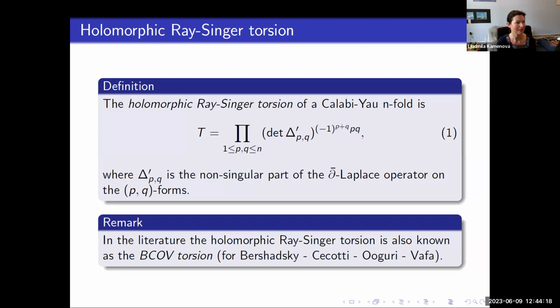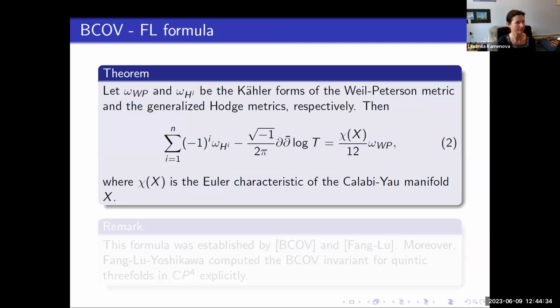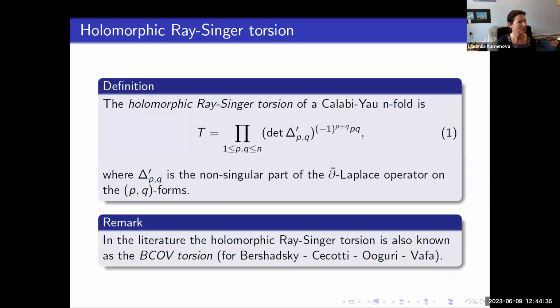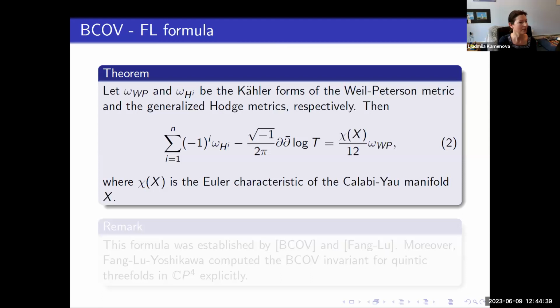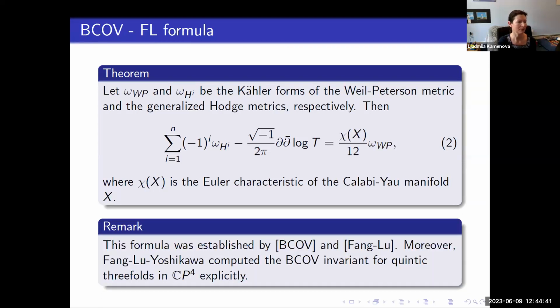So anyway, there are both physical ways to define it, and now we also have mathematical ways to define this Ray-Singer torsion, also called BCOV torsion. The mathematical way is using the formula by Fang and Lu.